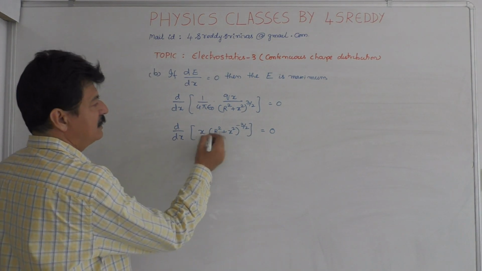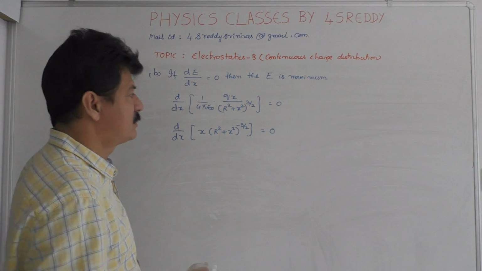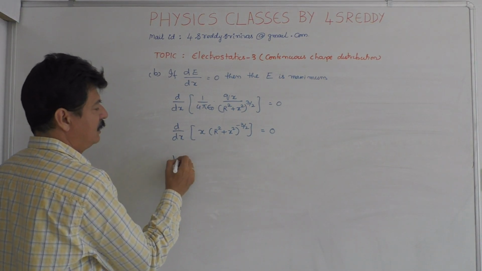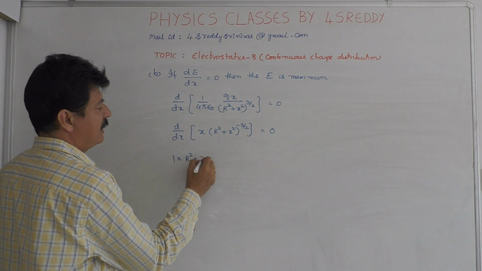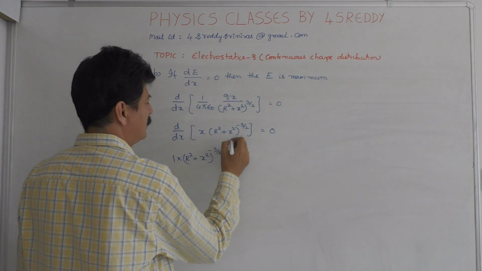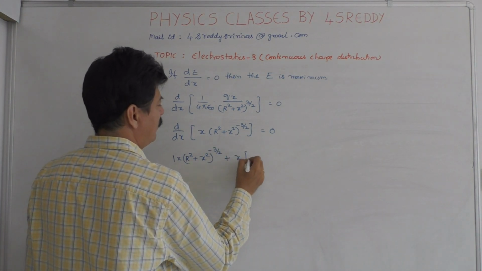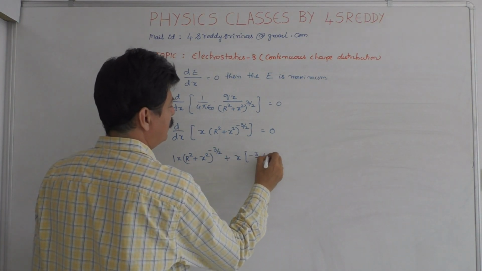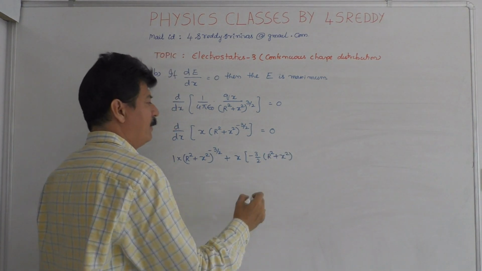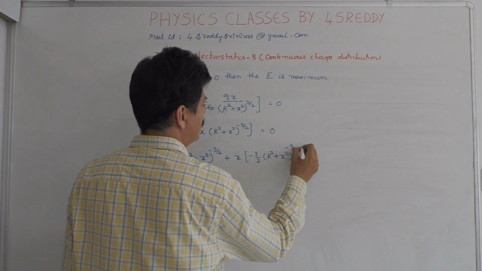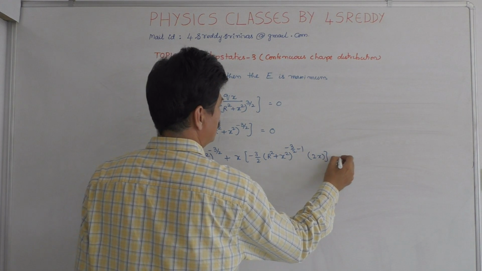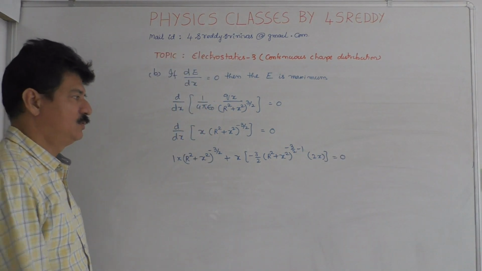This is the product of two variables, so it is derivative of the first function into (r square plus x square) whole power minus 3 by 2, plus x into derivative of the second, minus 3 by 2 into (r square plus x square) whole power minus 3 by 2 minus 1, into derivative of x square, which is 2x. This must be equal to 0.